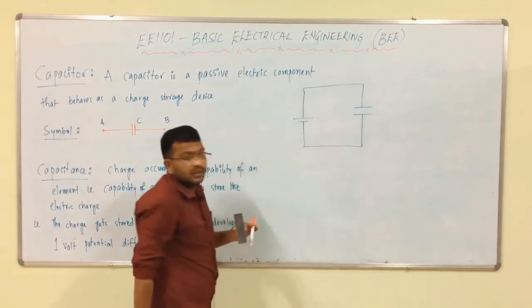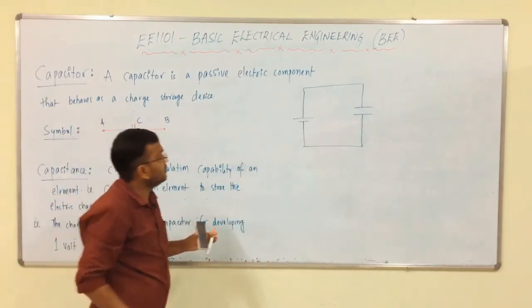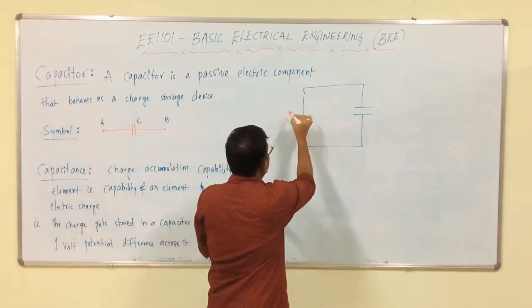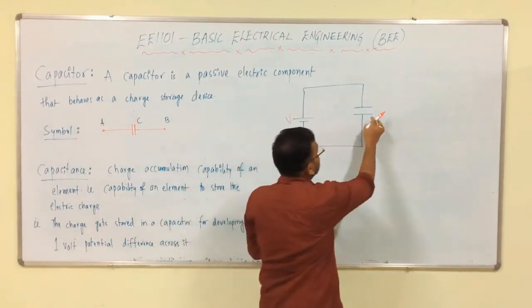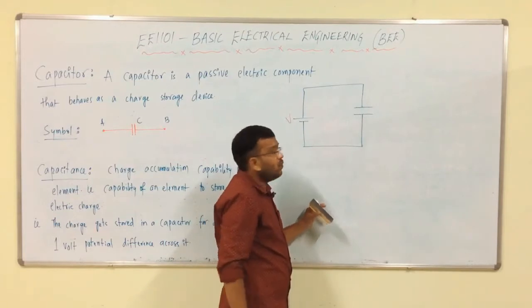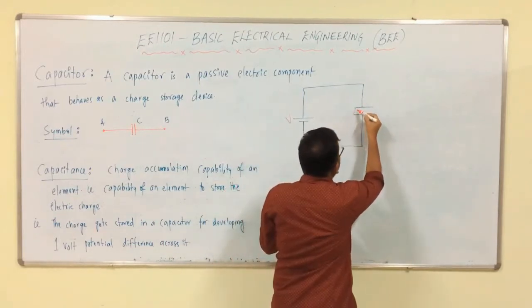Simple, the circuit is closed. So, this is the supply voltage V and this is the capacitor. Between the plates, we provide some dielectric medium.